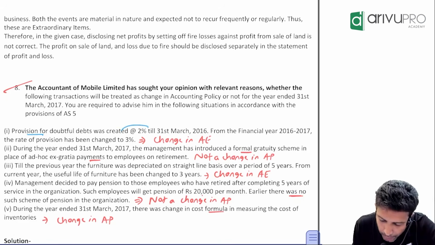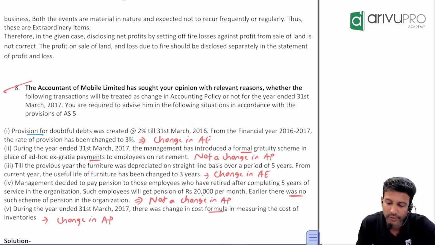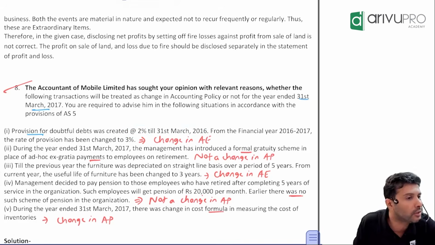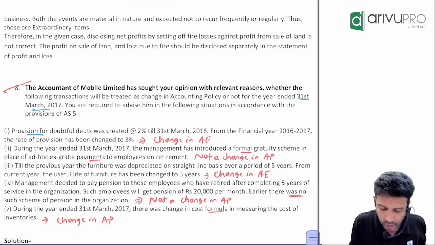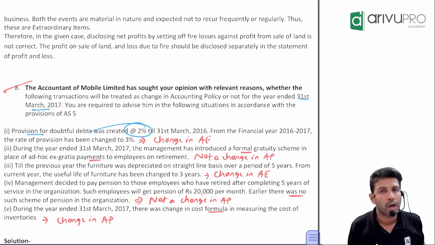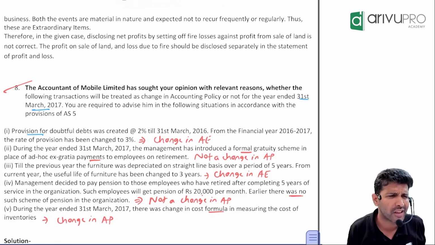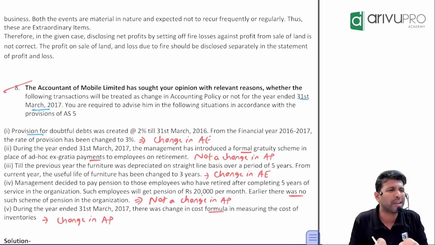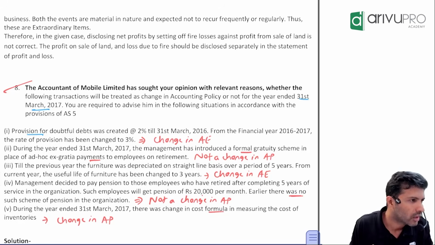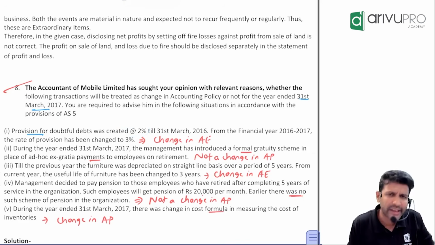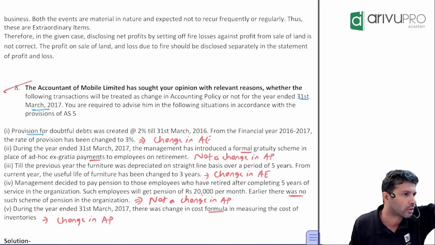You already made a provision of how much? 2% till 31st March 2016. Sir, currently you are in 31st March 2017. Till last year, you made provision at what rate? 2%. Currently, you have made it at 3%. Is it a policy change? Sir, provision is based on what circumstance? Last year, maybe my debtor was okay, was decent enough, so I made only 2% provision.